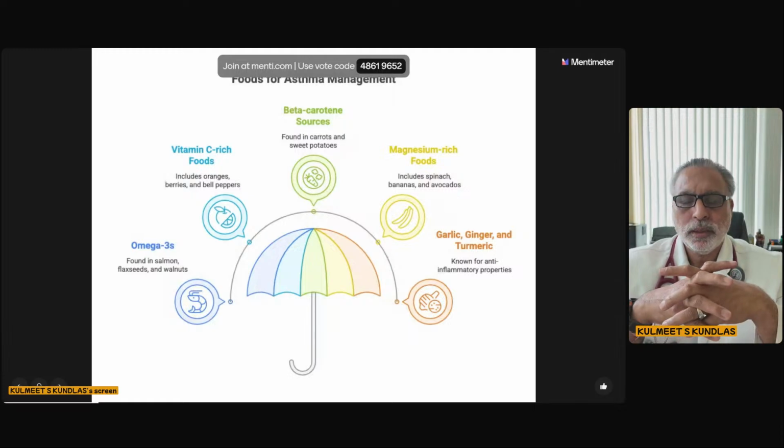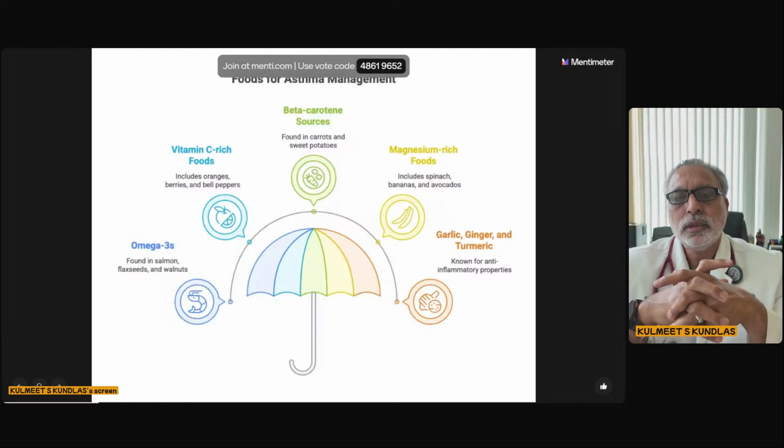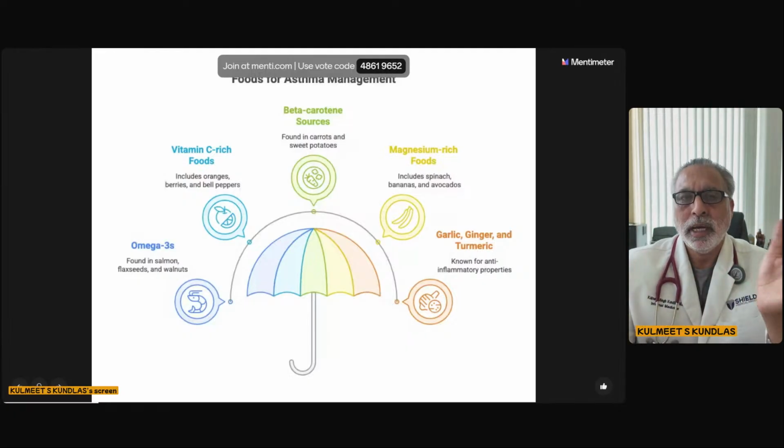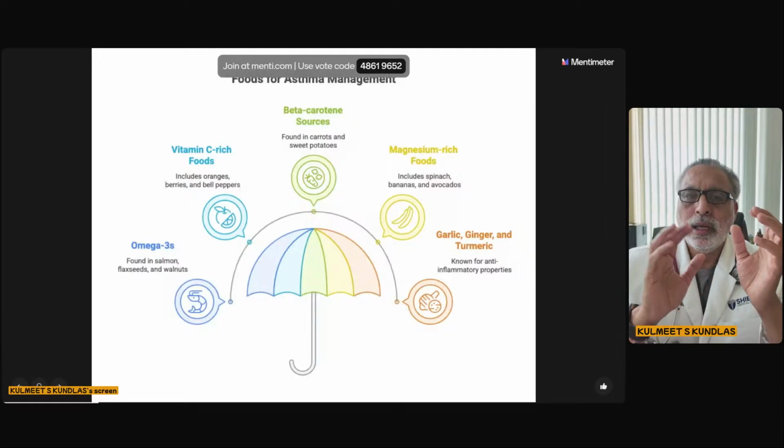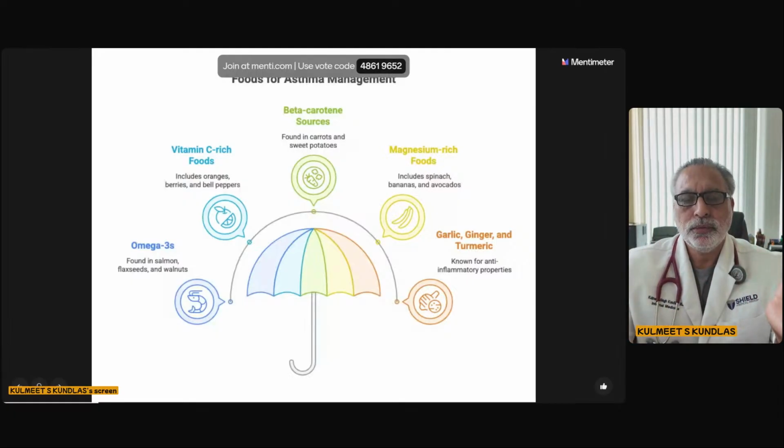Then the next question, which we have come across over and over: how can I treat my asthma naturally with food? There are two principles: avoid inflammation causing foods and take anti-inflammatory foods.